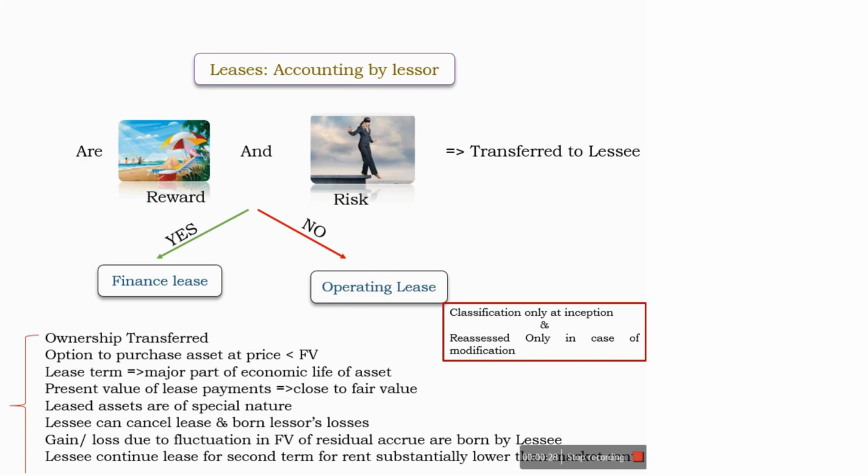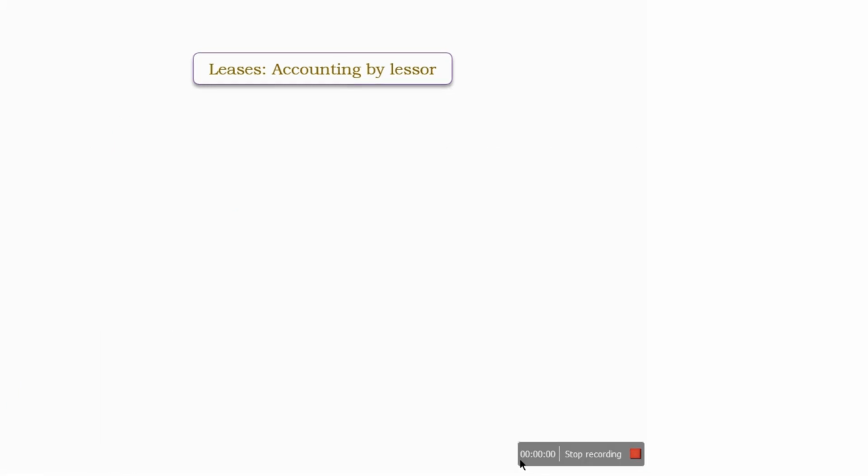Only in these cases will the reclassification be done. Changes in estimation or changes in circumstances, for example, if there is a payment default by the lessee, do not give rise to a new classification of the lease for accounting purposes.